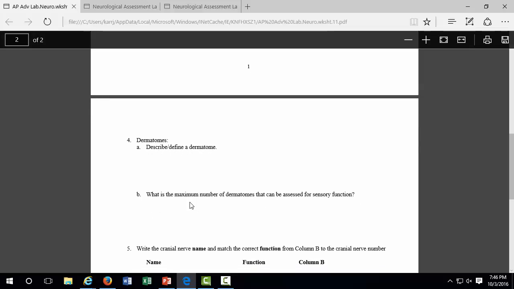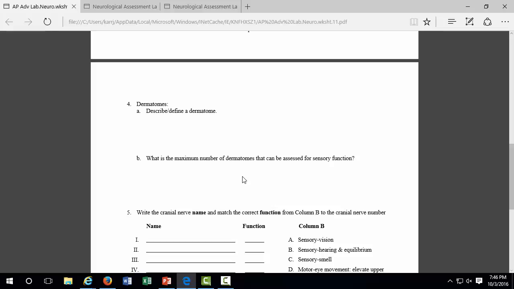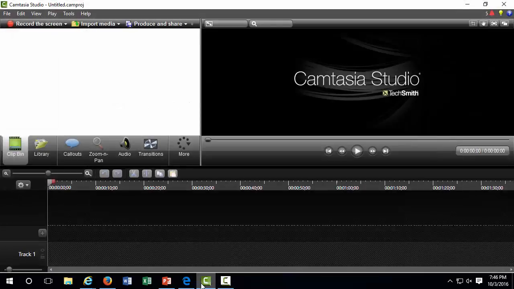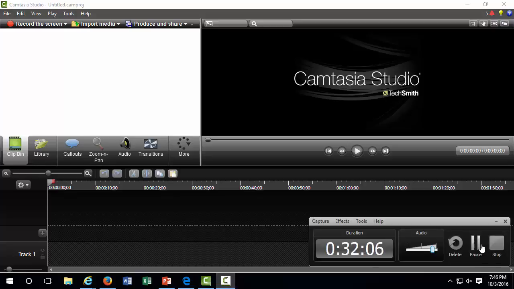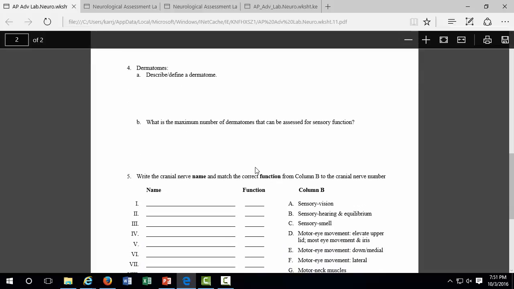Define a dermatome. You can just copy that right out of your reading in your packet. That's pretty straightforward. What is the maximum number of dermatomes that can be assessed? All right, so 31 pairs of spinal nerves, so 31 dermatomes.